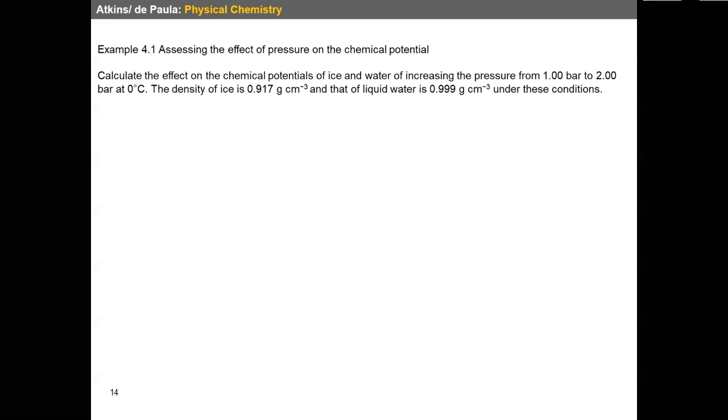Okay, let's solve this one together. The problem is assessing the effect of pressure P on the chemical potential mu. So they calculate the effect on the chemical potential of ice and water, the same component and composition but different phases.